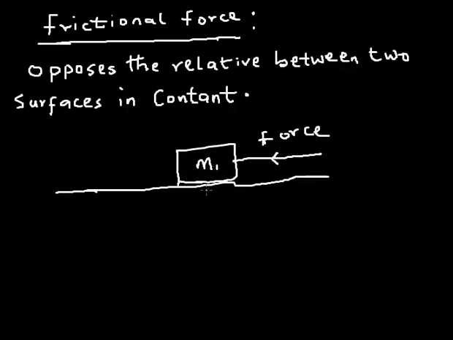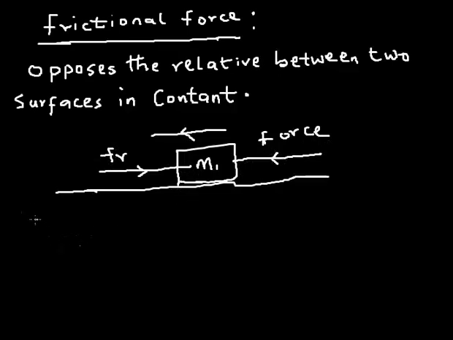If the force pushing the object is moving in this direction, then the frictional force that opposes motion will always be moving in the opposite direction. So the frictional force is always in the opposite direction to the force that causes motion. I hope that is well understood.